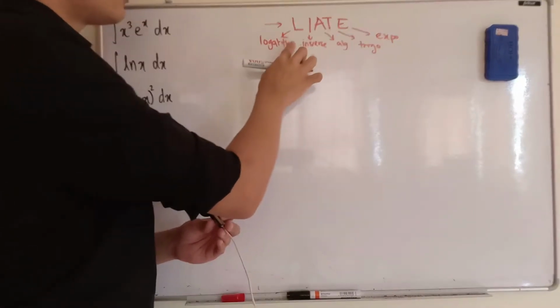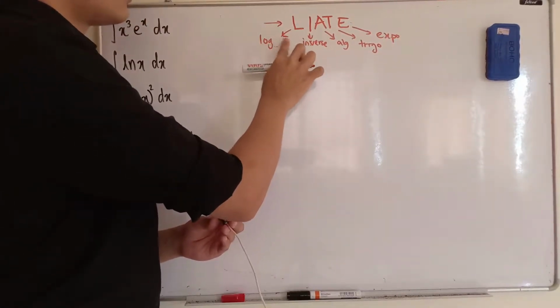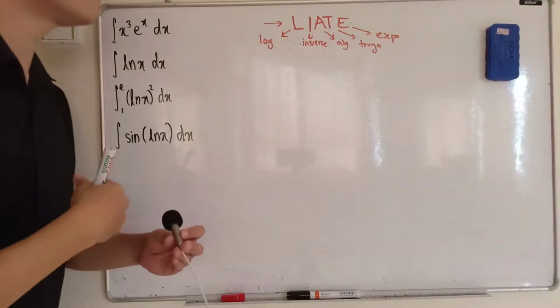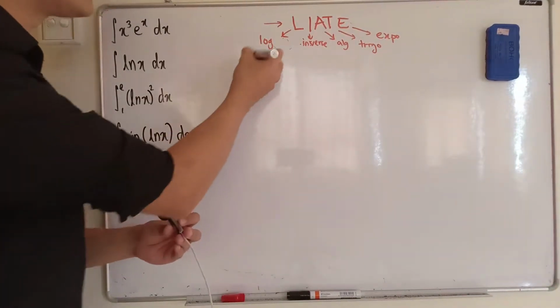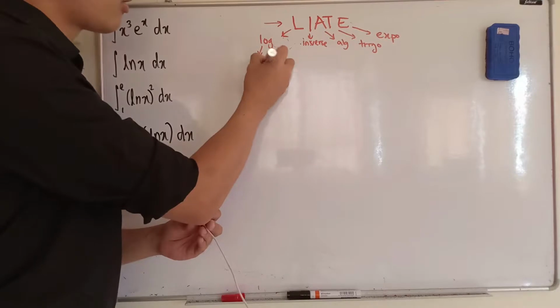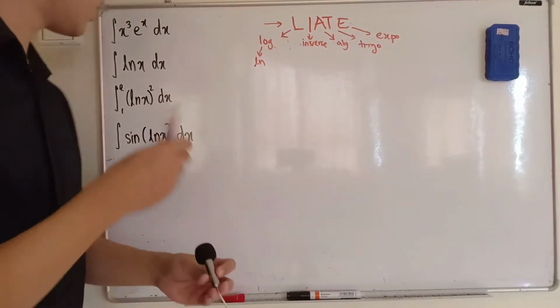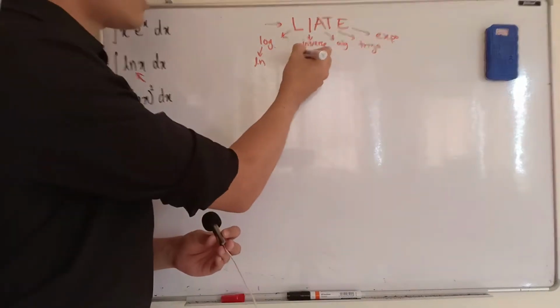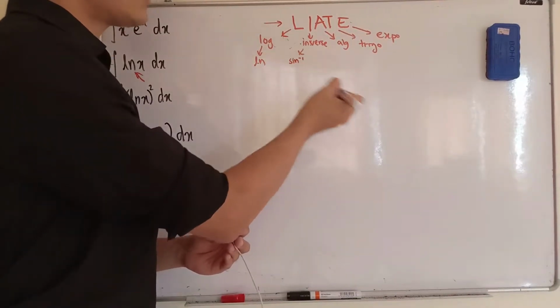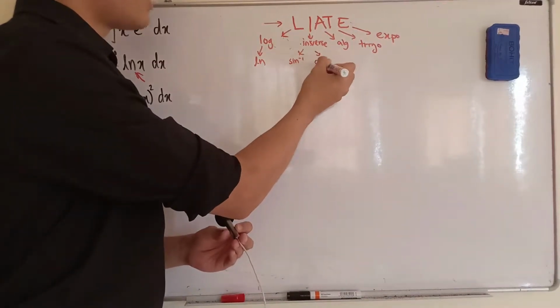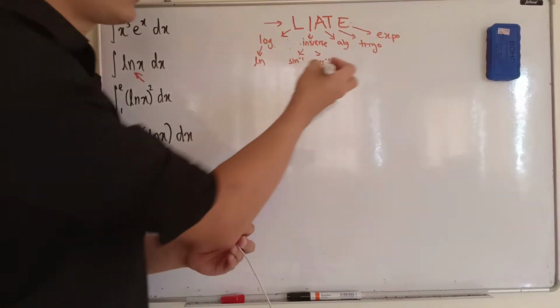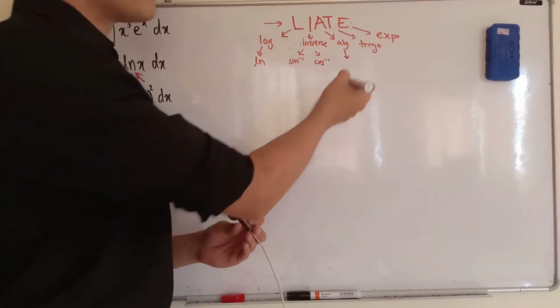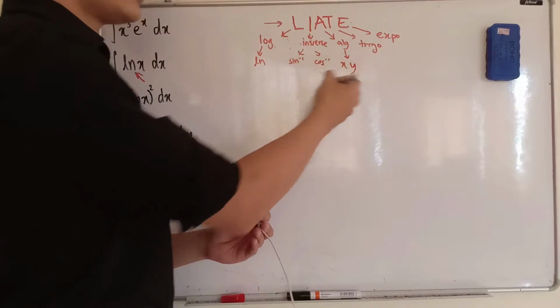L stands for log, something like ln. Inverse is something like arc sine or arc cos. Algebra is something like any unknown such as y.